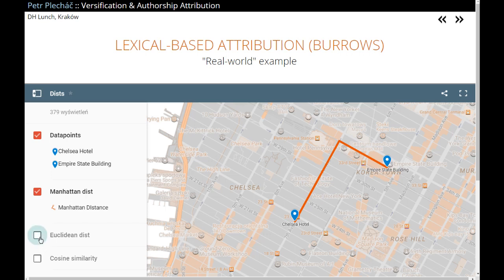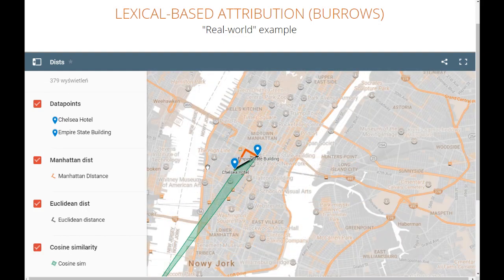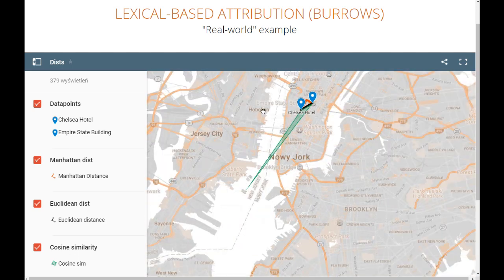Euclidean distance is nothing else but the most straightforward way from this point to the second point, and it is clear that using the Pythagorean theorem, it may easily be calculated from these two values. Finally, cosine similarity may be roughly described as an angle of some distant observer.